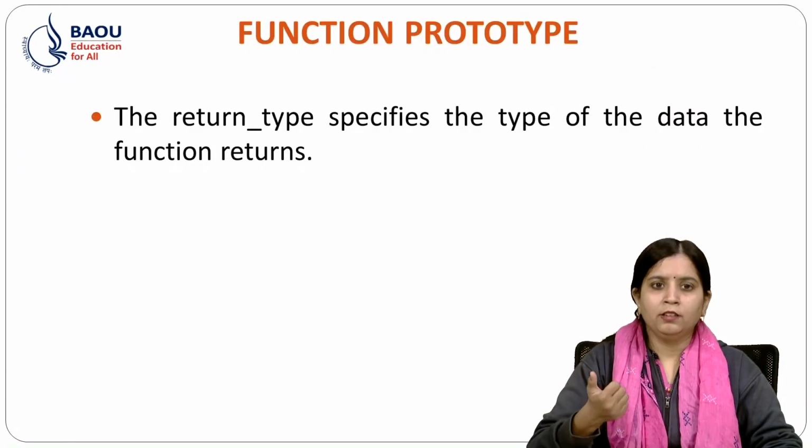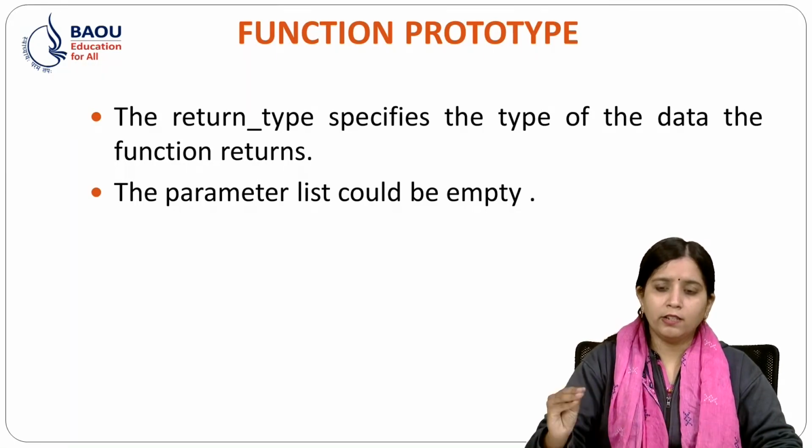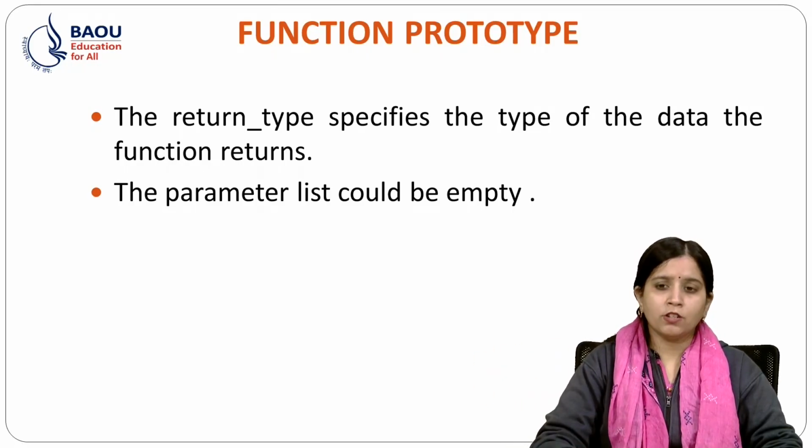As I said, the return type specifies the type of the data the function returns. The parameter list could be empty, or it has a list of n number of parameters which the user wants to add in his or her function.